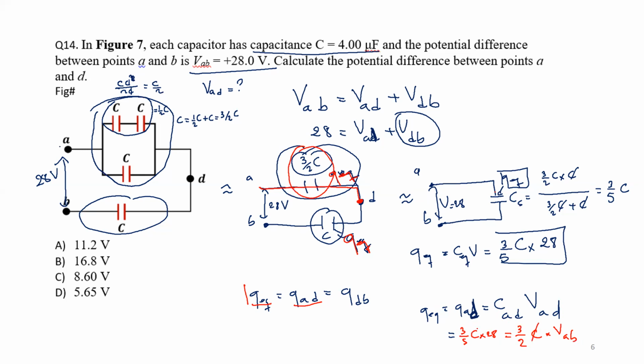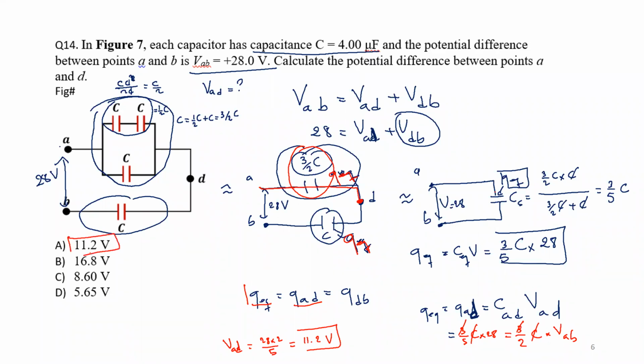Okay, let's simplify. C, we simplify, and 3 also. And we get that VAD will be just 28 times 2 divided by 5. How much do you get? I think I get 11.2 volt. Okay, so that's my answer, 11.2.